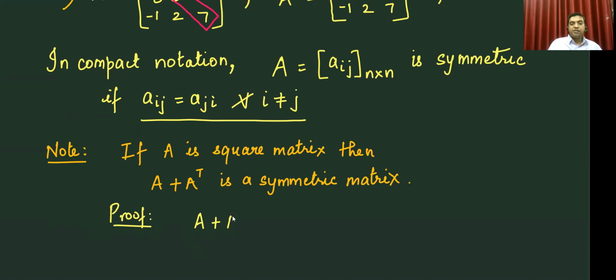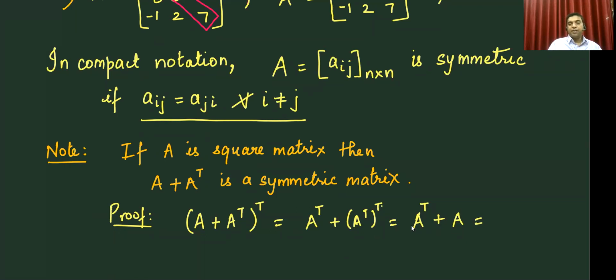A plus A transpose whole transpose is nothing but A transpose plus A transpose whole transpose, the property, which is A transpose plus A, because A transpose whole transpose is A, again a property.